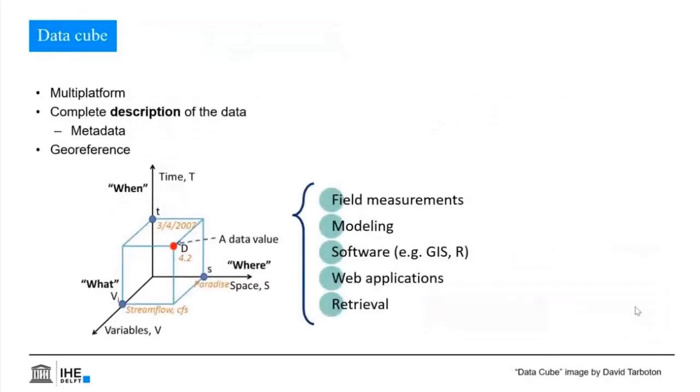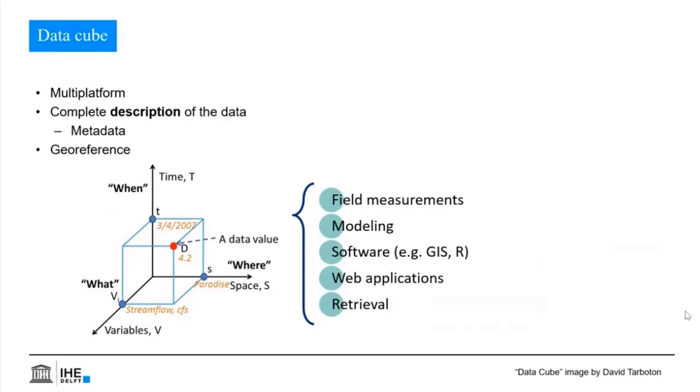So a data cube will contain all of this information, all the values, and the time and space index. And this information will be a complete description of the data. So this can be used to store not only remote sensing retrievals, but also field measurements or modeling data.